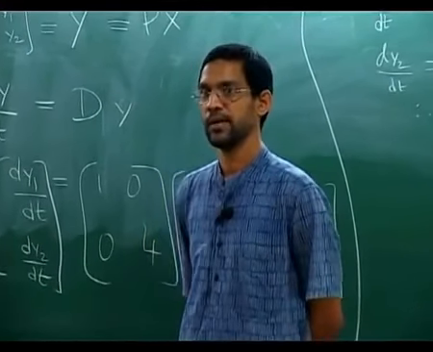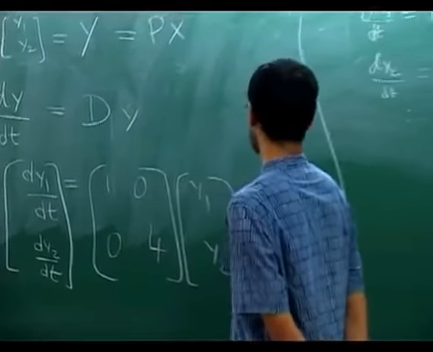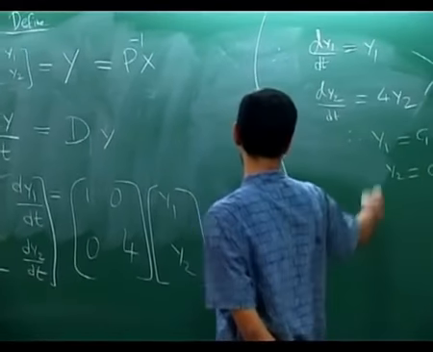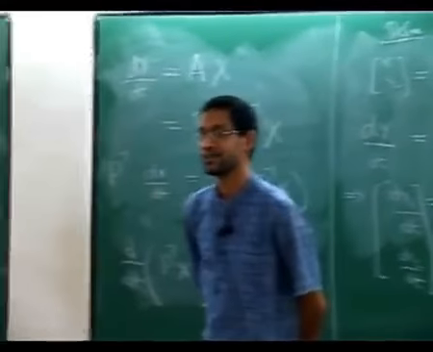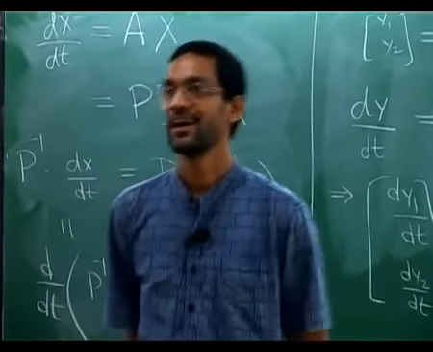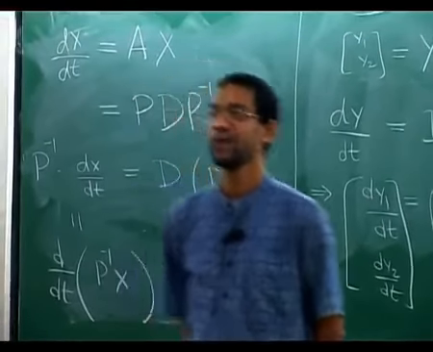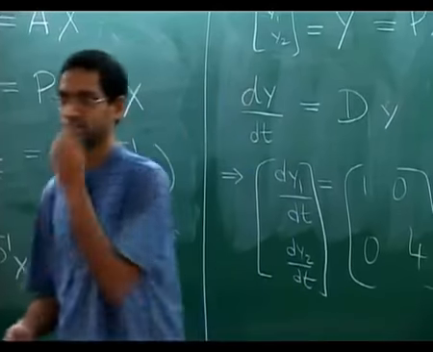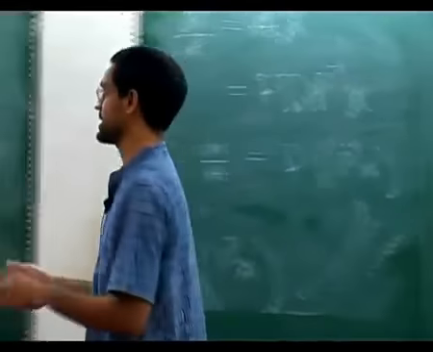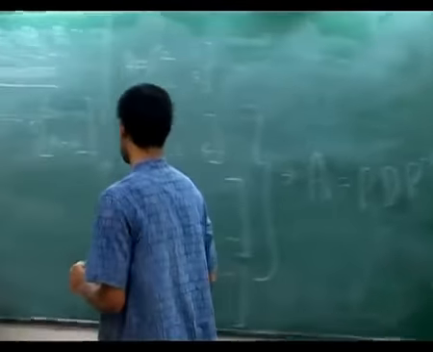Okay, let me ask you a question then. This is almost done because I only solved for y1, y2. How do I get x1, x2? After all, my goal was to find a solution for x1 and x2. So how do you find x1 and x2 back? Well, there's one of two things.